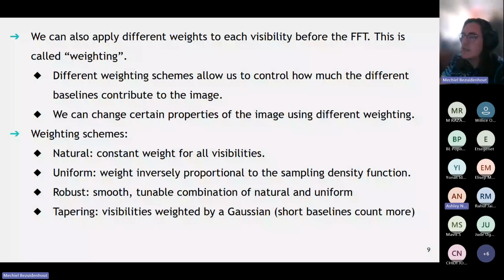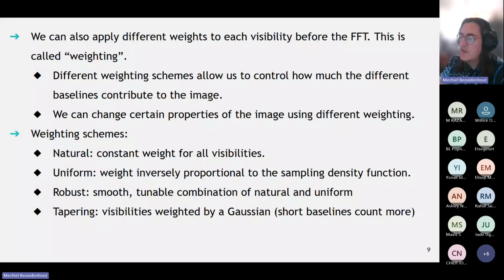There are different weighting schemes that have been worked out that allow us to control how much the different baselines contribute to the image, and we can change certain properties of the image using the different weighting schemes. So here are some examples of common popular weighting schemes.